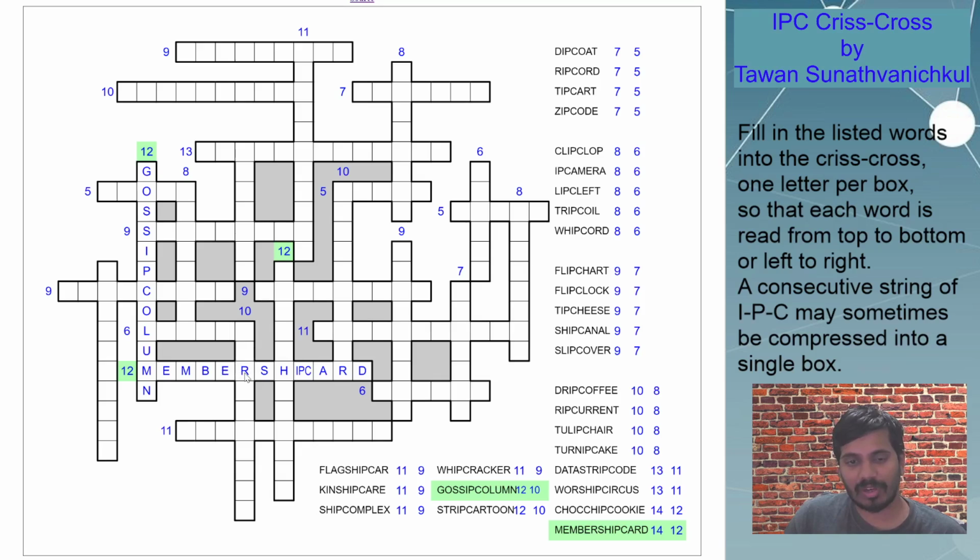You can look for a word which is of size 10 and third letter R, or you can look for a word which is size 12 and sixth letter H. So there are so many options now opened up after these initial two word placements, and that makes this puzzle very easy and go smoothly.